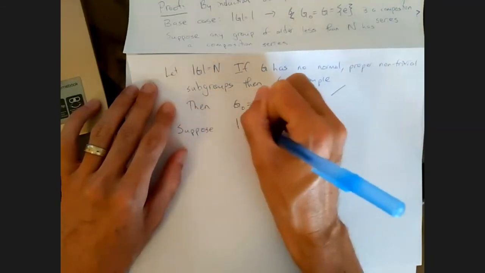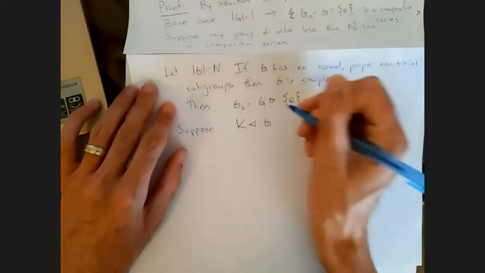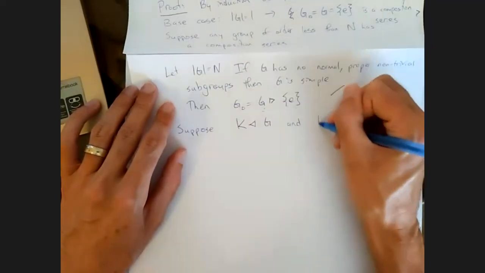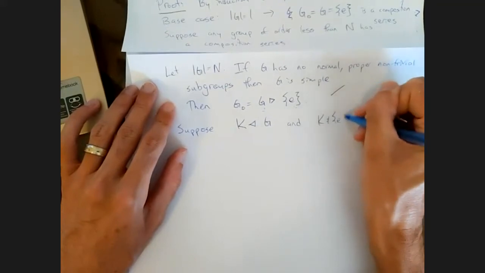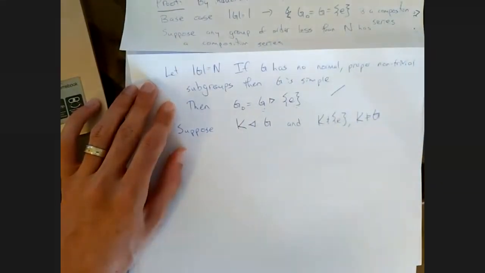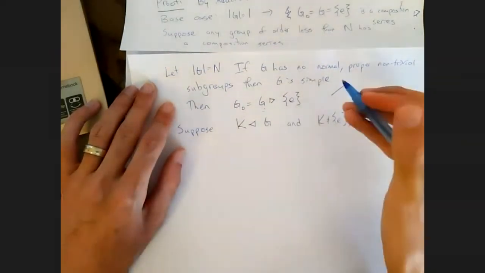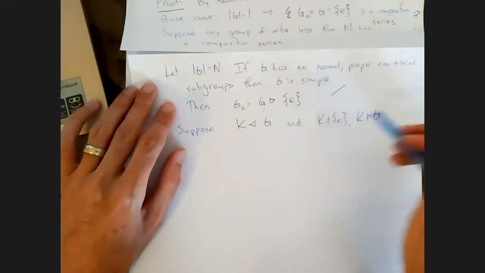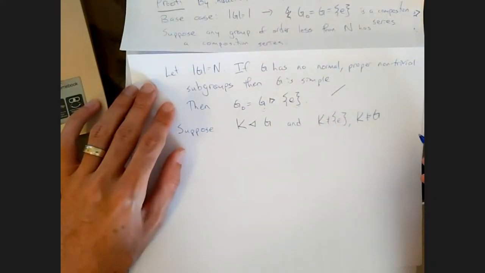Otherwise, suppose that K is a normal subgroup of G, and K is non-trivial, but K is not equal to G either. This is what happens if G is not simple.